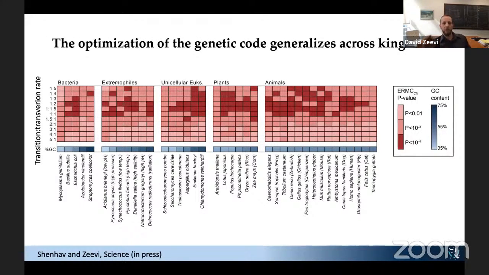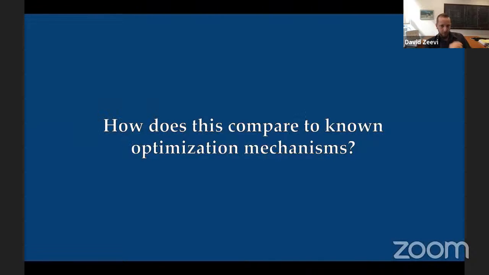And since we did not know the mutation rates from one place to the other in the genetic code, we calculated it with a range of transition transversion rates. What we find is that for all organisms tested and for all transition transversion rates tested, there is a significant optimization for nitrogen and carbon combined in the standard genetic code. This is showing the human genome.